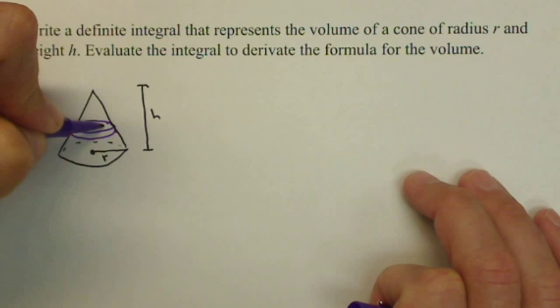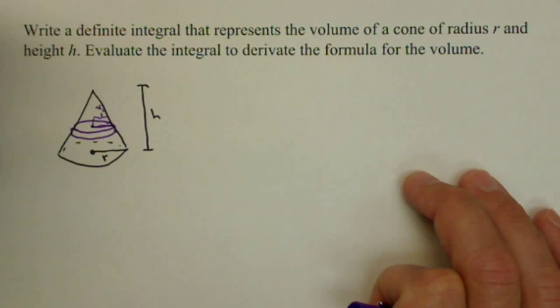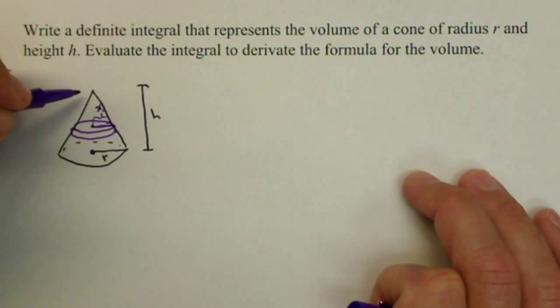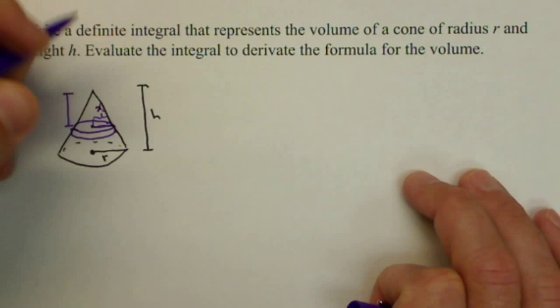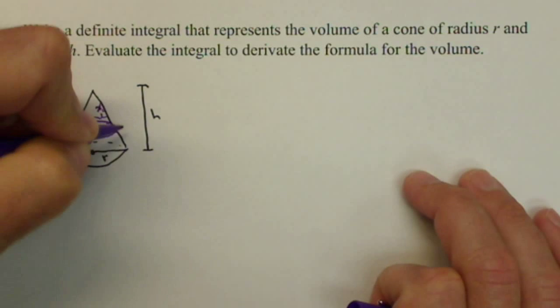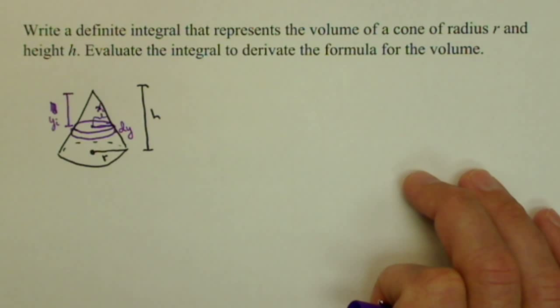Just to keep it from getting too confusing, instead of using r, let's say that radius is x sub i. I use the sub i to note that it varies. It would be a different radius depending on where I found it. And the distance that slice is from the top, let's not use h, same issue, let's use y sub i, and therefore our slice has a thickness of dy.